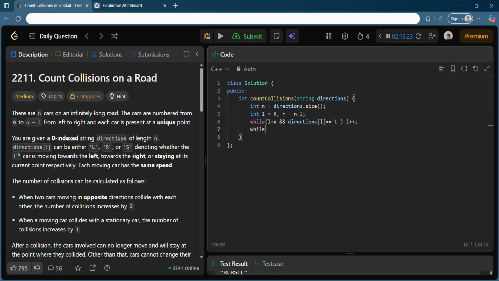Similarly for the right pointer, you are moving backwards, so while it is greater than L and directions of R is equal to R, you do R minus minus. Can I call it greater than or equal to L?